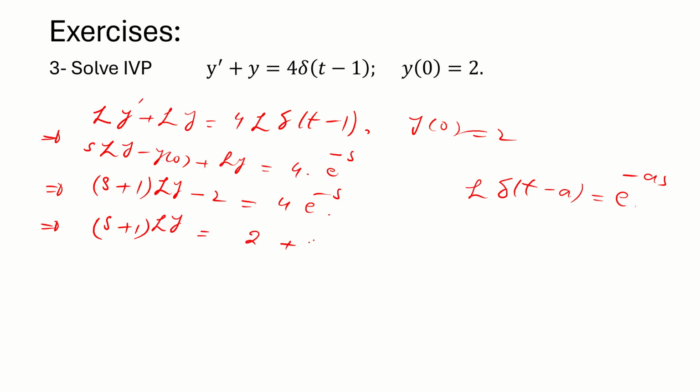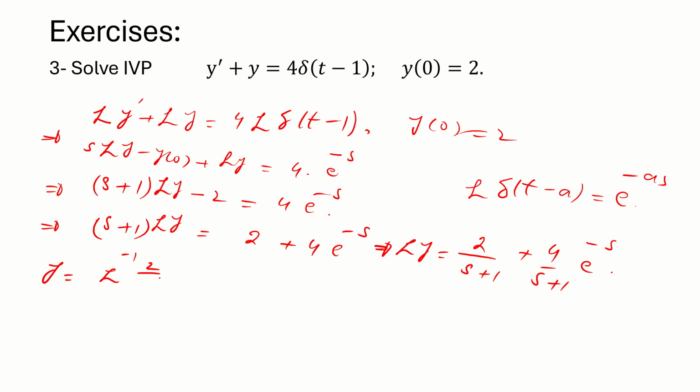Dividing both sides by s plus 1, to find Laplace of y, that is 2 divided by s plus 1 plus 4 divided by s plus 1 e power minus s. We need to find y, so y is the Laplace inverse of 2 divided by s plus 1, plus the Laplace inverse of 4 divided by s plus 1 e power minus s.